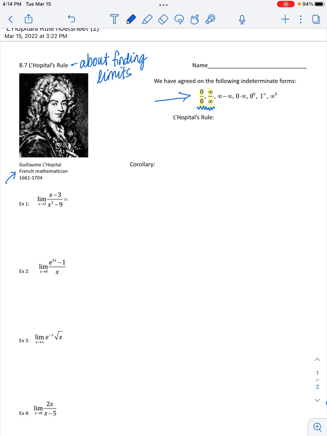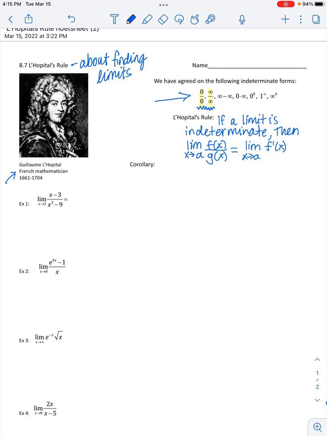So it's pretty basic. If a limit is indeterminate, that means it falls in this list. Then you can calculate, specifically if it's f over g, this is only for quotients that look like that, the same limit, except you can take the derivative of the top and the derivative of the bottom.